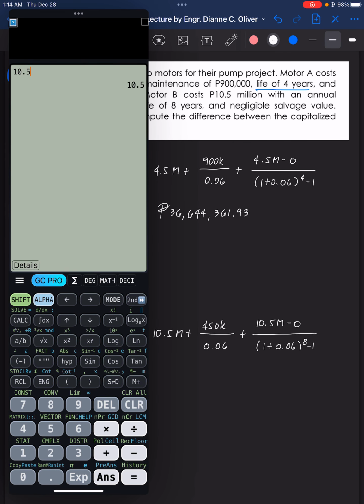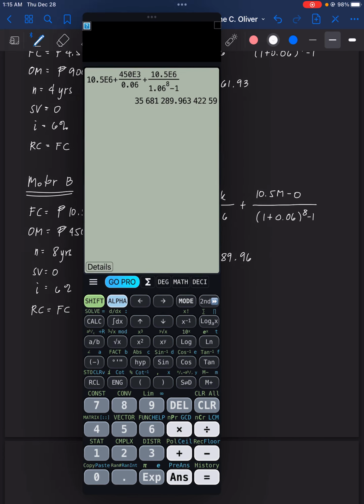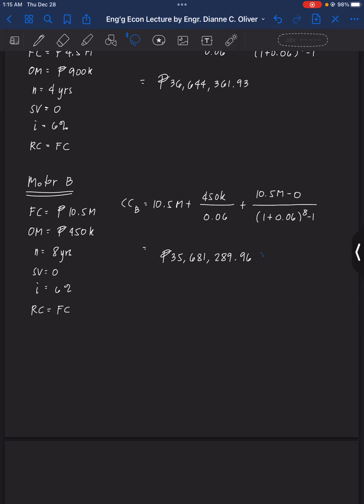So 10.5 million plus 450K over 0.06 plus 10.5 million over 1.06 raised to 8 minus 1. So that is 35,681,289.96. So that's for motor B.